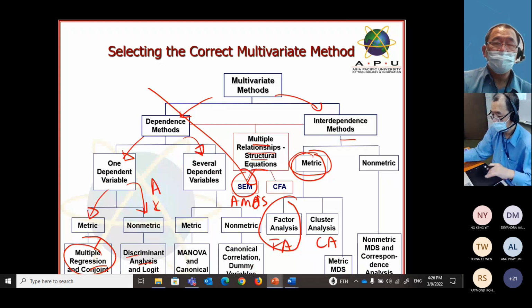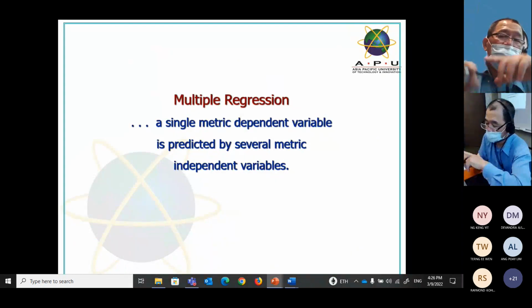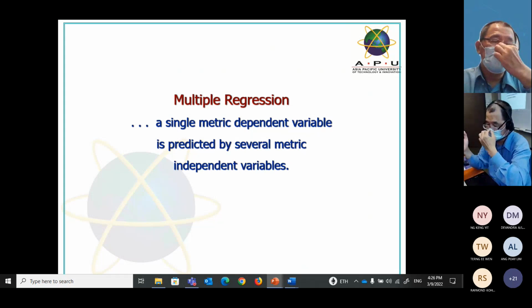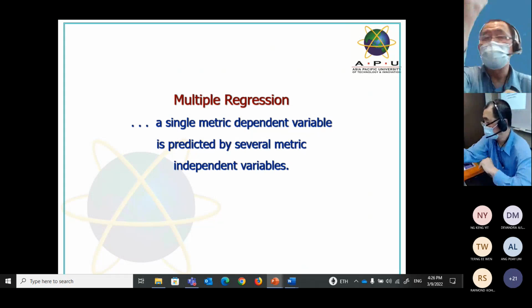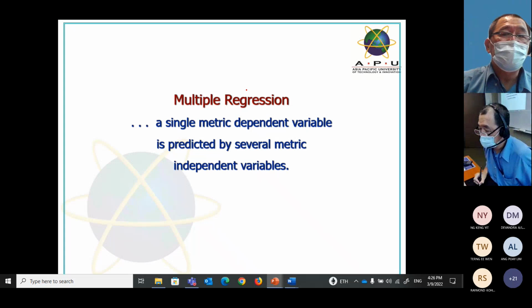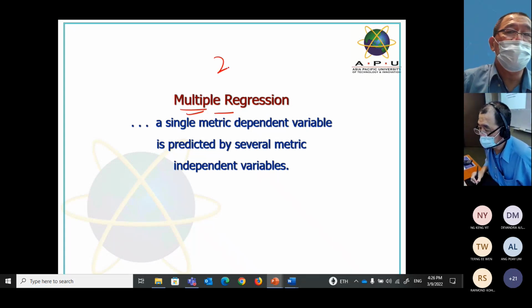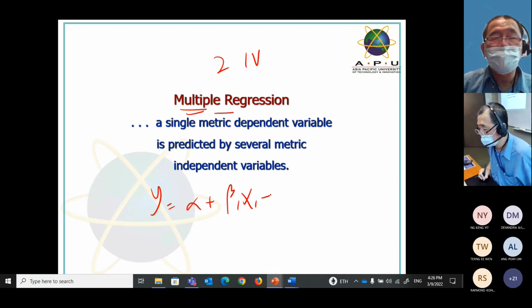So now we see a quick review of each method, and then we start chapter 1. I think today you can see chapter 2. This is chapter 1. So we see multiple regression. Multiple here means a minimum of two independent variables. Most of you should know this, if you still remember what you learned in statistics.